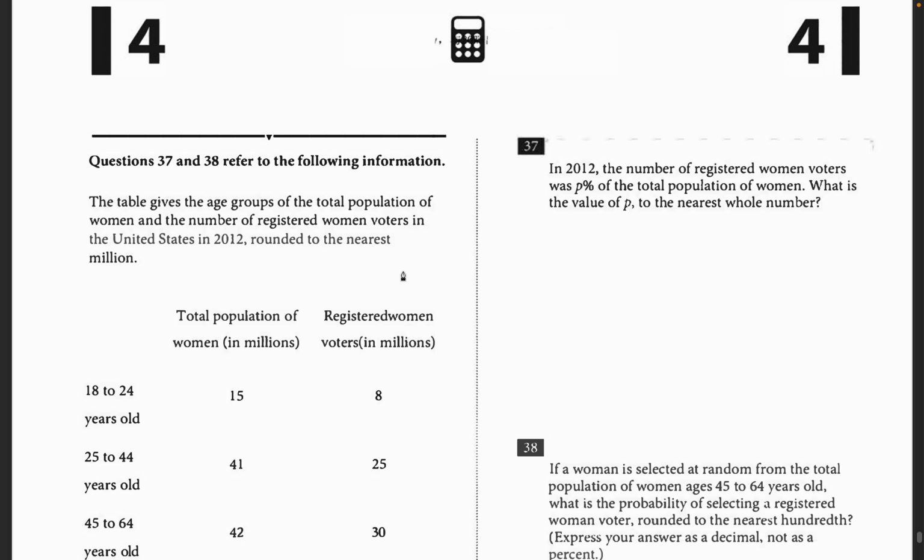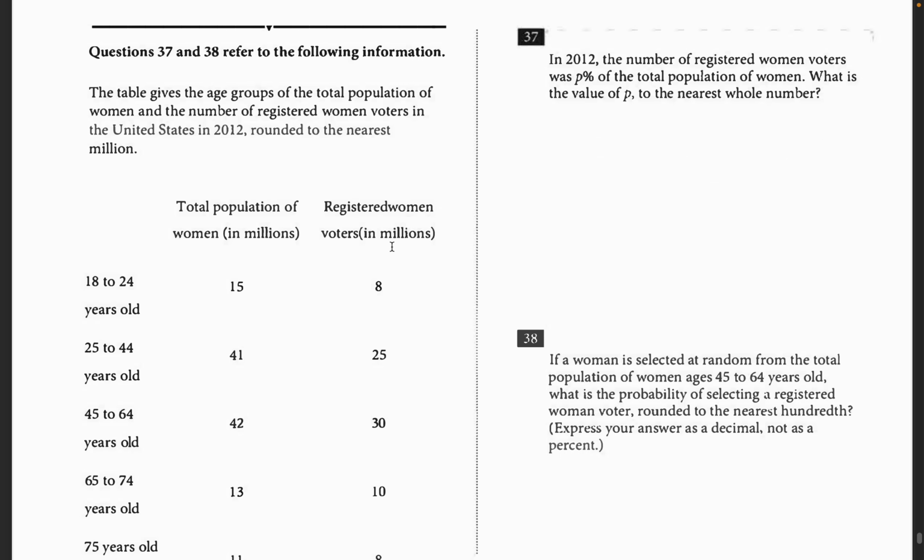The table gives the age groups of the total population of women and the number of registered women in the United States in 2012, okay? In 2012, the number of registered women was P%.